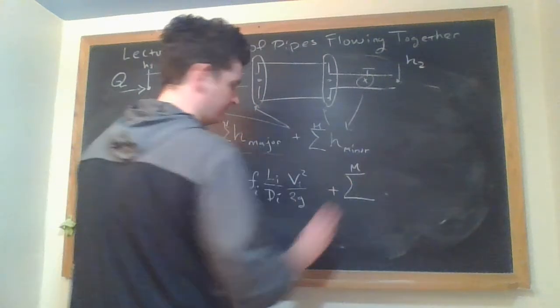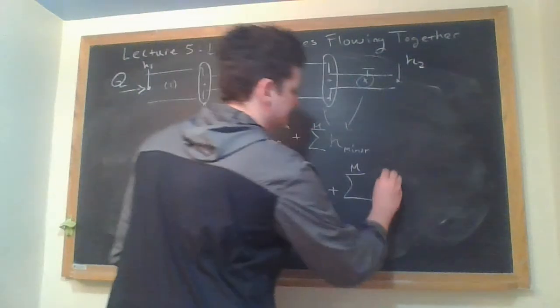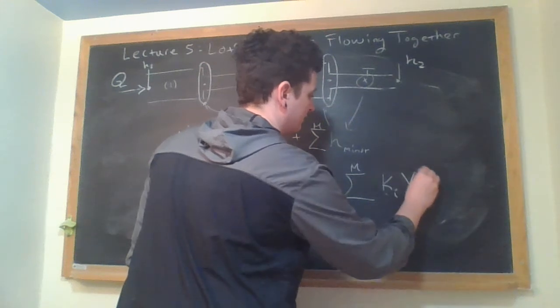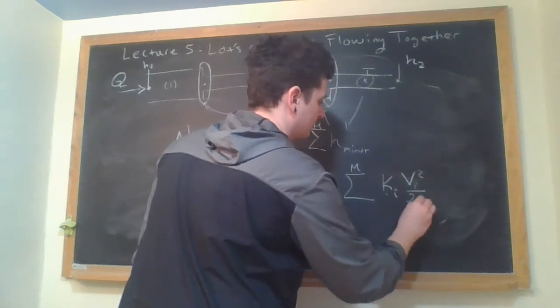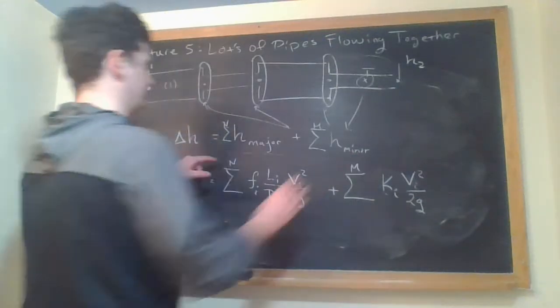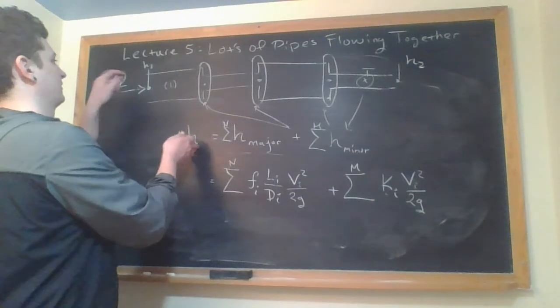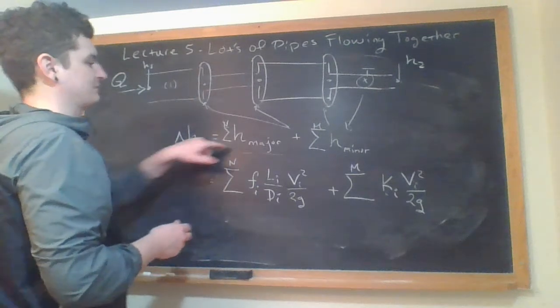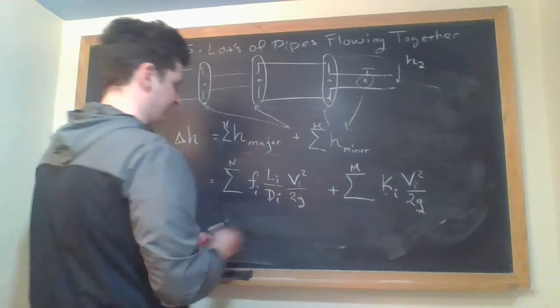What do we have there? Our formula says it's K_i. So this M, this is N. I'm just writing out whatever series pipes I have. I know that the head losses are majors and minors, and I've just written out the formulas for these.